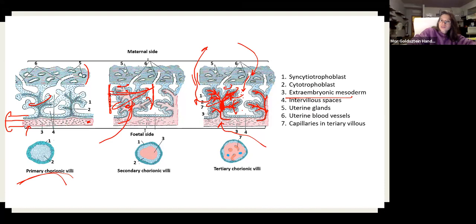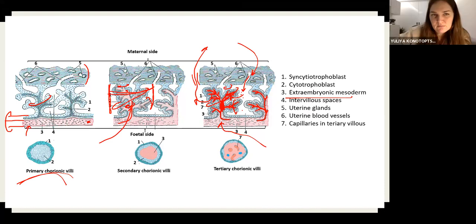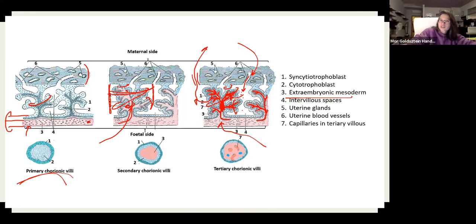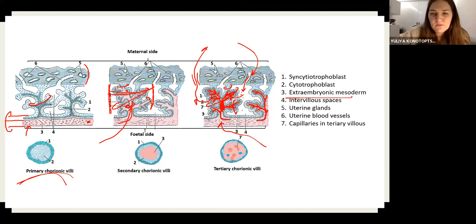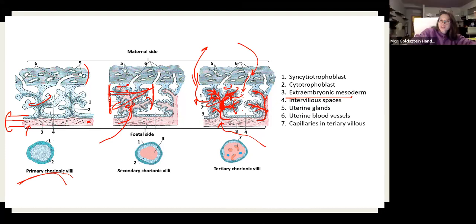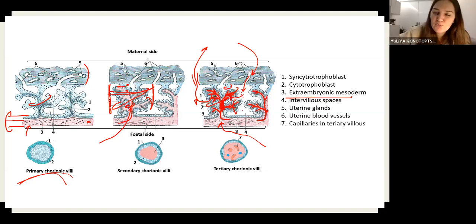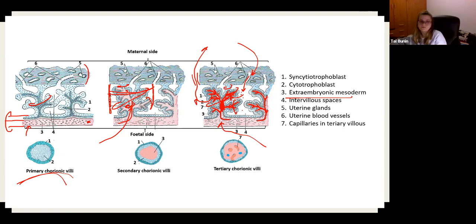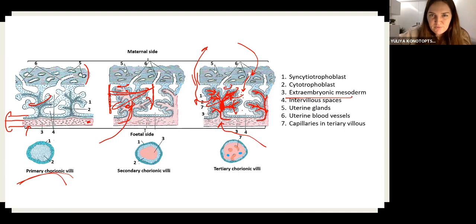In situ trophoblast is the first layer. Then cytotrophoblast. Then extra-embryonic mesoderm. In the tertiary villus, we don't have extra-embryonic mesoderm. Oh. We have a blood vessel there. Blood. But you're forgetting that there's a basement membrane on which cytotrophoblasts are sitting.